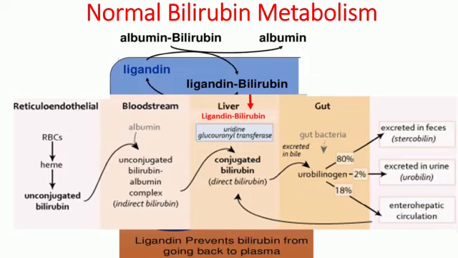So we have to remember that it is the conjugated bilirubin that converts to urobilinogen. Now a part of the urobilinogen is excreted by the kidneys. 80% of it is excreted in the feces as stercobilin, and the remaining portion of the urobilinogen goes back into the liver via enterohepatic circulation.